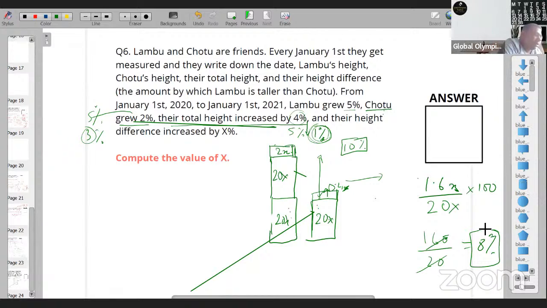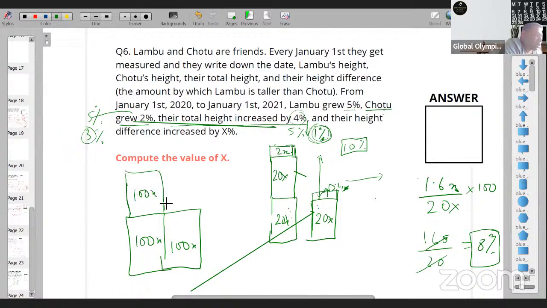Yeah. इसको मैं थोड़ा और इजी कर देता हूँ. Let's say this is 100x and this guy is 100x plus another 100x. Now this guy has grown by, sorry, 200's 5% is 10x. Okay, and this guy has grown by 2x.